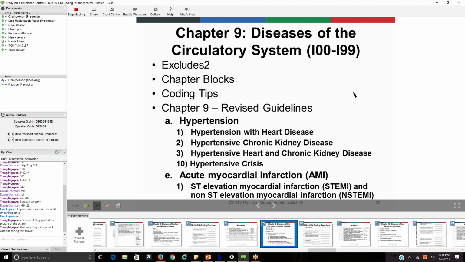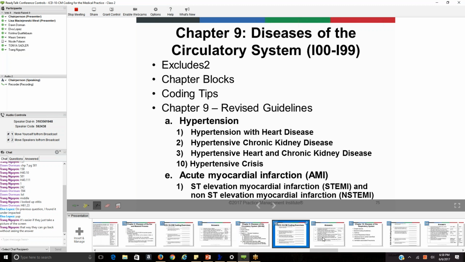So pay attention to the code sequencing for that type of hypertension, hypertensive chronic kidney disease, or heart and kidney disease, and you'll find those specific instructions on page 62 of your workbook. Okay, so let's take a look at our exercises in this section.